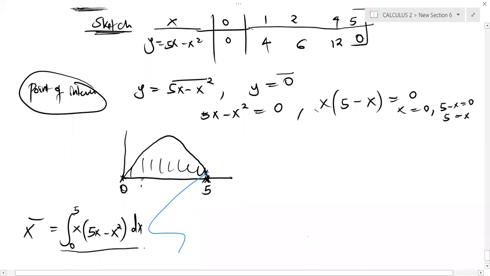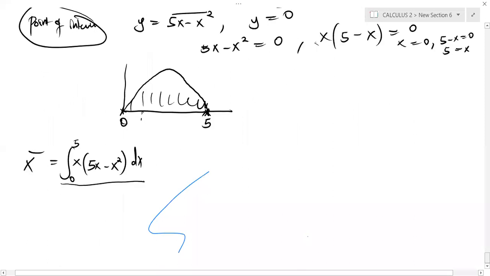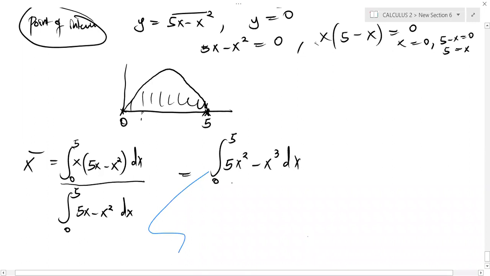All this divided by the integral from 0 to 5 of y dx, and our y is 5x minus x squared dx. So this will give us the integral from 0 to 5 of 5x squared minus x cubed dx, all divided by the integral from 0 to 5 of 5x minus x squared dx.